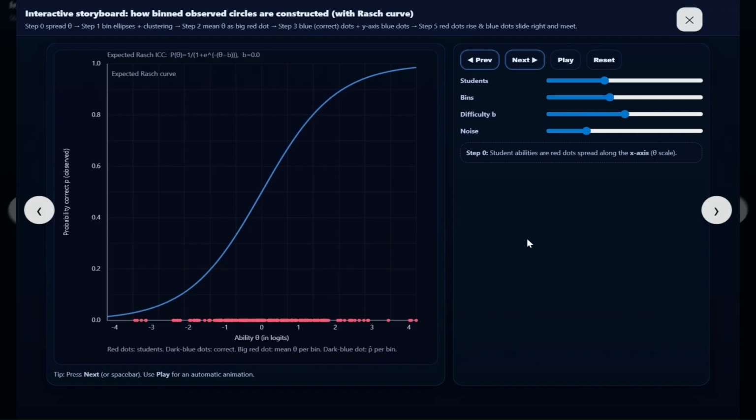However, the nearest Rasch curve doesn't mean that the set of data is fitting to the Rasch curve.